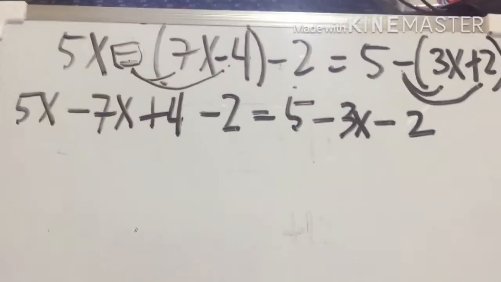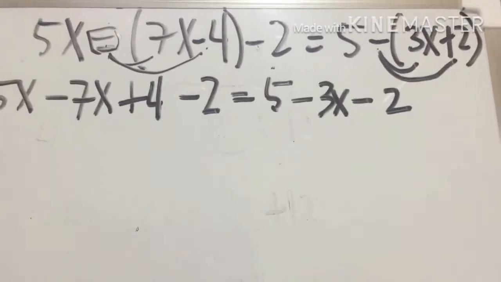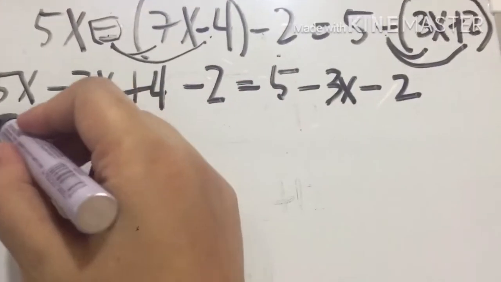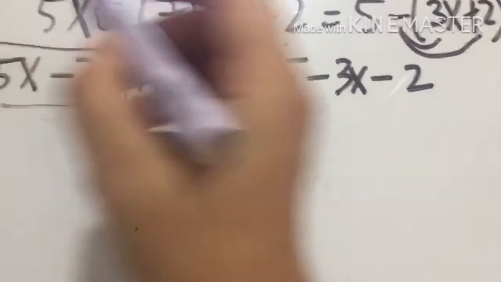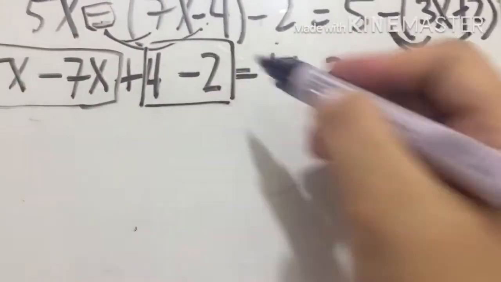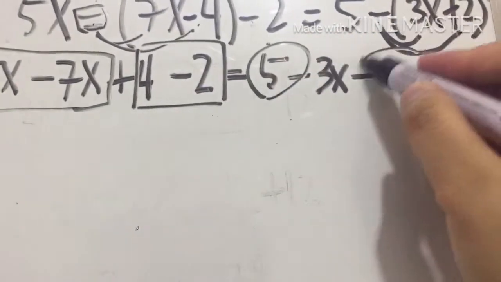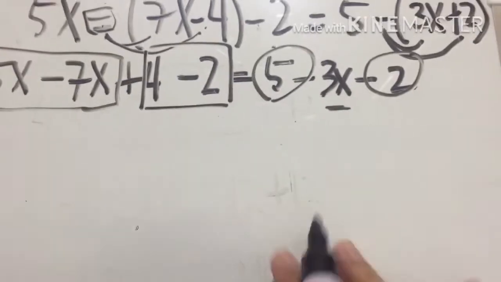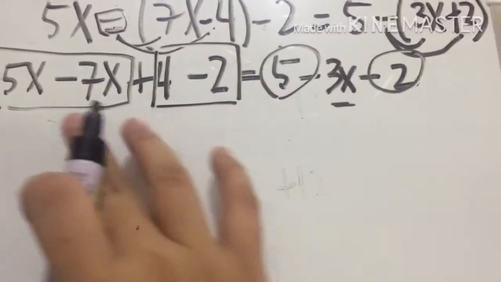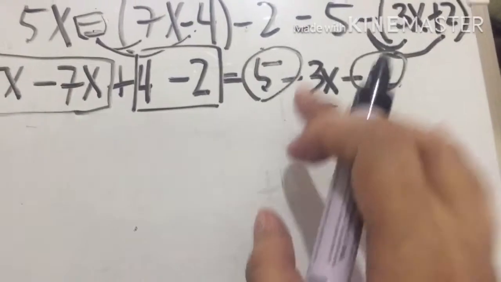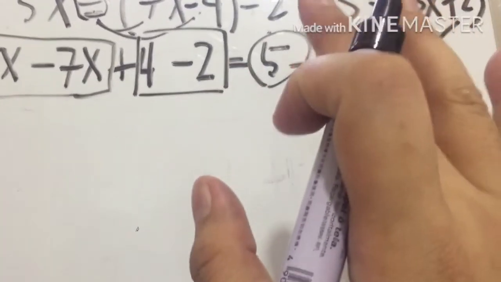Now you do the grouping, okay? So let's group them. Here we group this, and then we group this. And then we group this one with the ones with the same terms.